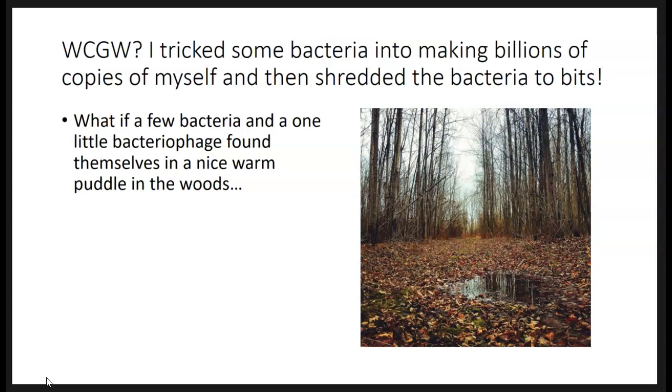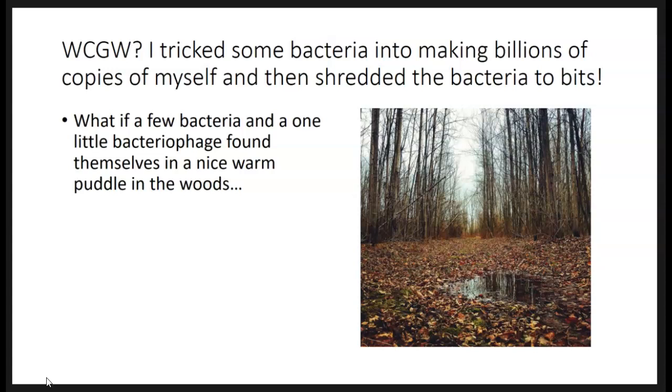So imagine a scenario where those bacteriophages fall into a small pool and there's just a handful of bacteria, maybe 100 different bacteria in that pool. A bacteriophage infected one bacteria, produced thousands of new phages, and then that bacteria was lysed and killed.